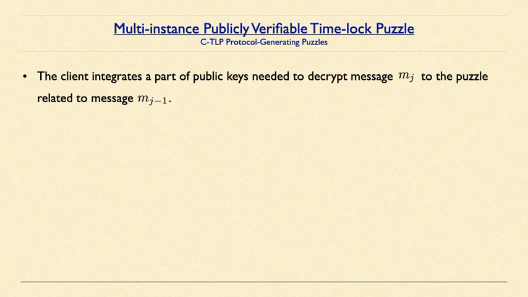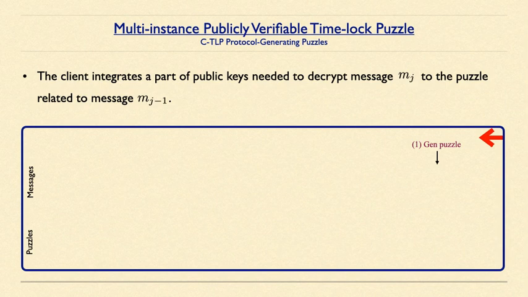To generate chained puzzles, the client starts from the last message Mz. It processes Mz to generate a puzzle Pz. During this process, it also computes a public key PKz for that puzzle.